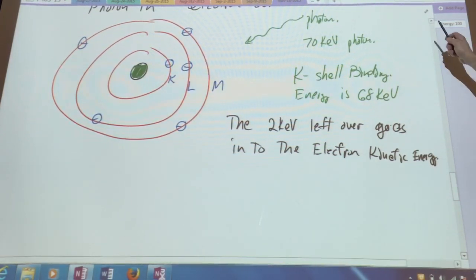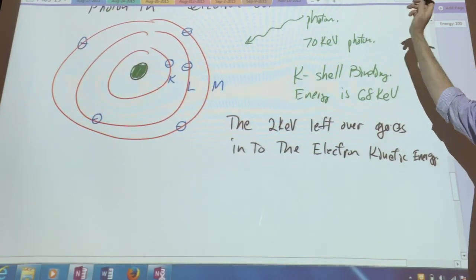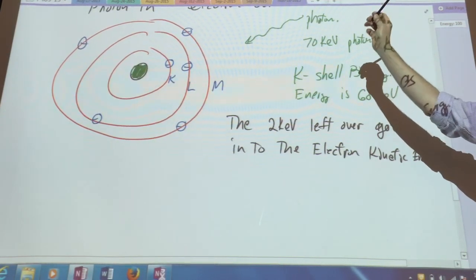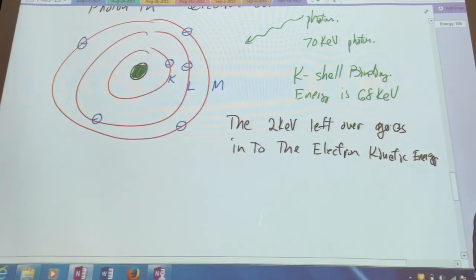So we understand the process. An energetic photon knocks out a K-shell electron, and there's some kinetic energy given to the electron.